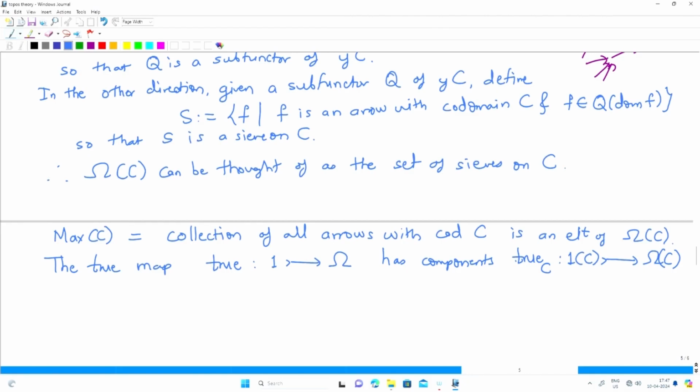It is a singleton. Terminal object is pointwise terminal, right? So the only element here will have to be mapped to the only sieve whose existence we always know, namely the maximal sieve. We also know the smallest sieve, the collection of no arrows. Will that be a sieve? It is closed. So that will be our false map.